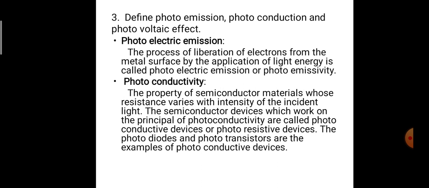Photoconductivity: the property of semiconductor materials whose resistance varies with intensity of incident light. The semiconductor devices which work on the principle of photoconductivity are called photoconductive devices or photoresistive devices. The photodiodes and phototransistors are examples of photoconductive devices.